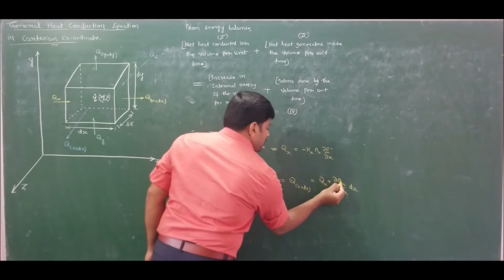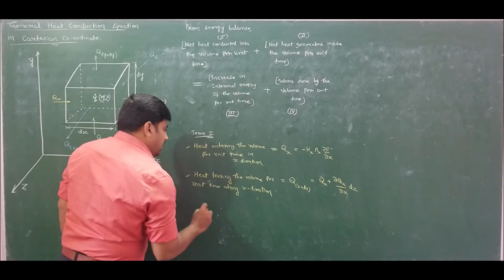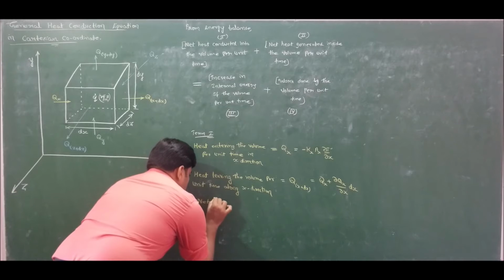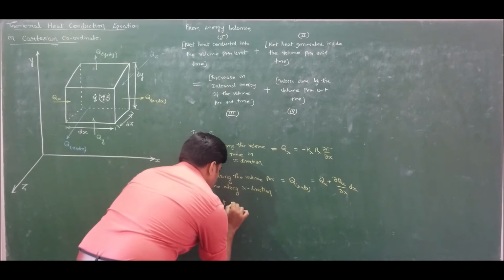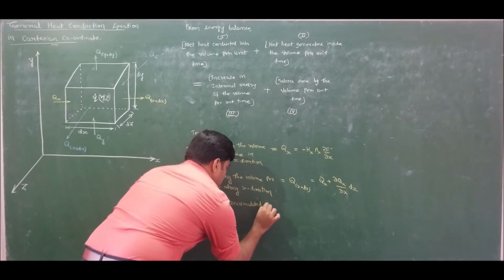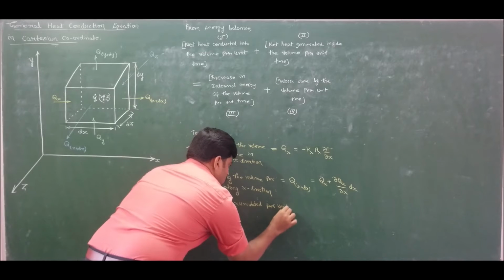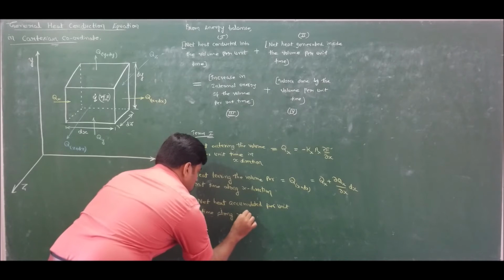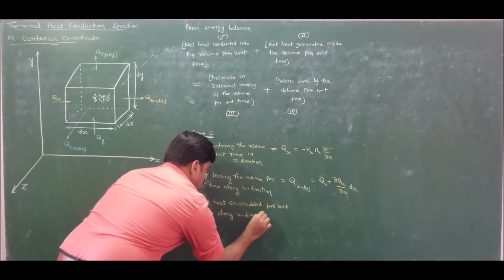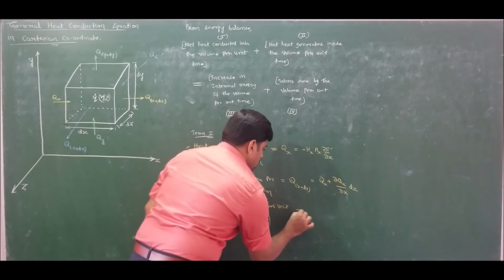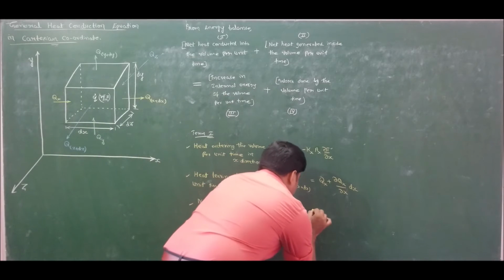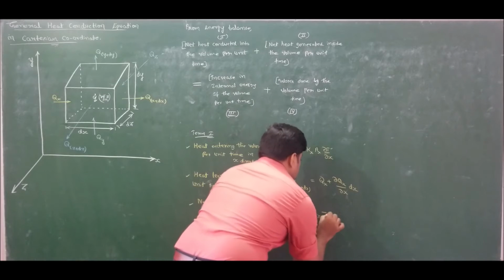Now if I calculate the net heat accumulated per unit time along the x direction: qx is entering whereas q of x plus dx is leaving, so net accumulation is what is entering minus what is leaving.